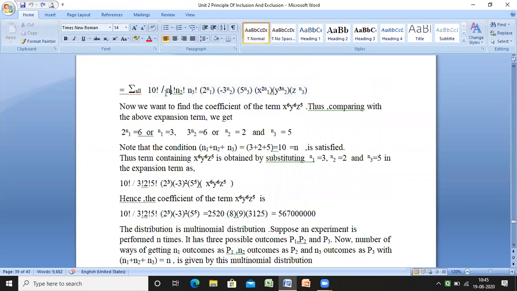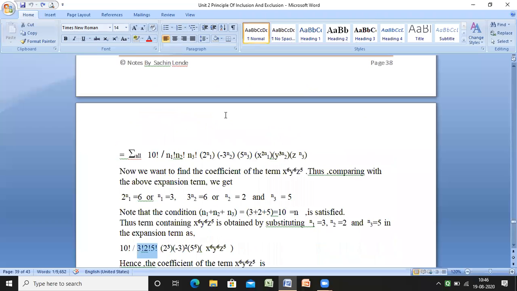N1 means 3 factorial, n2 means 2 factorial, and n3 means 5 factorial. We get these from n1 equal to 3, n2 equal to 2, and n3 equal to 5, and we put these values in the formula: 3 factorial, 2 factorial, 5 factorial.